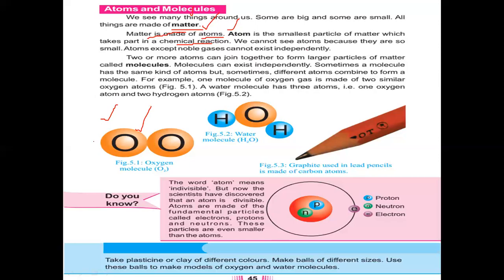Otherwise, if there is only one atom, like this O meaning oxygen, it cannot exist independently except noble gases. What are noble gases? Noble gases are also called rare gases, and in chemistry there is a separate group of these noble gases. Why can they exist independently?